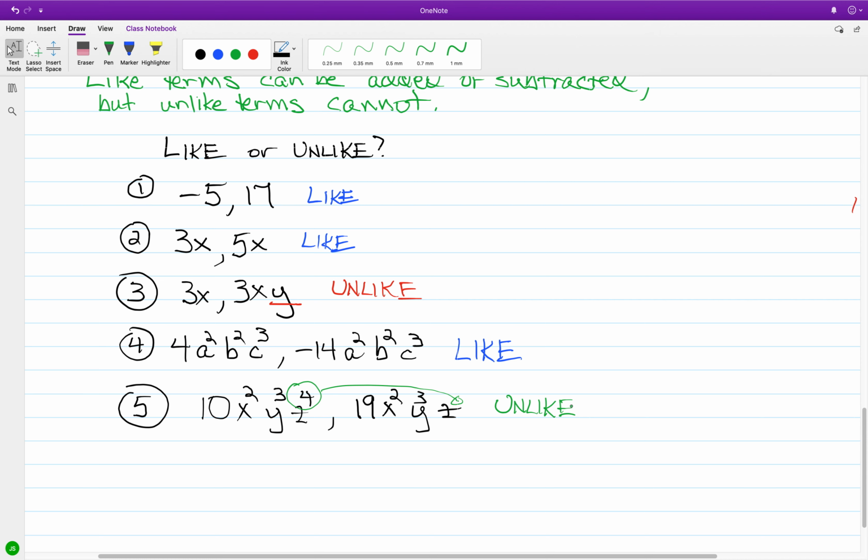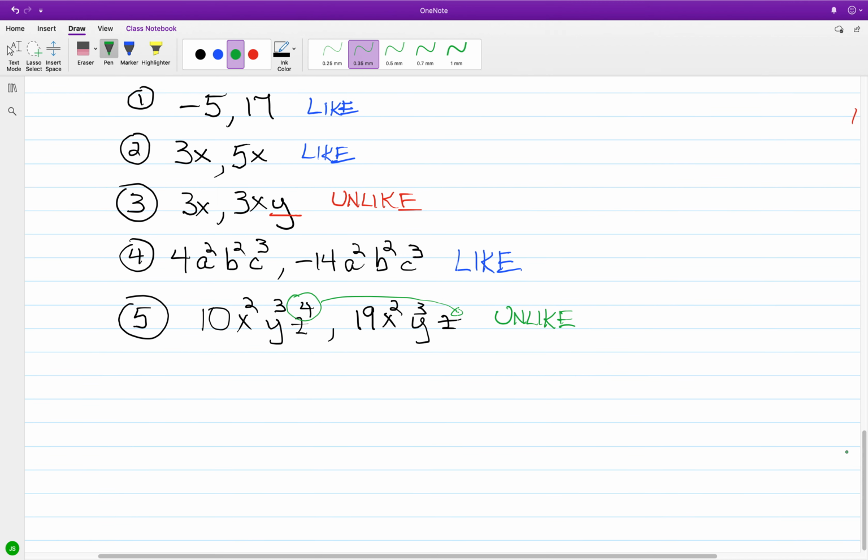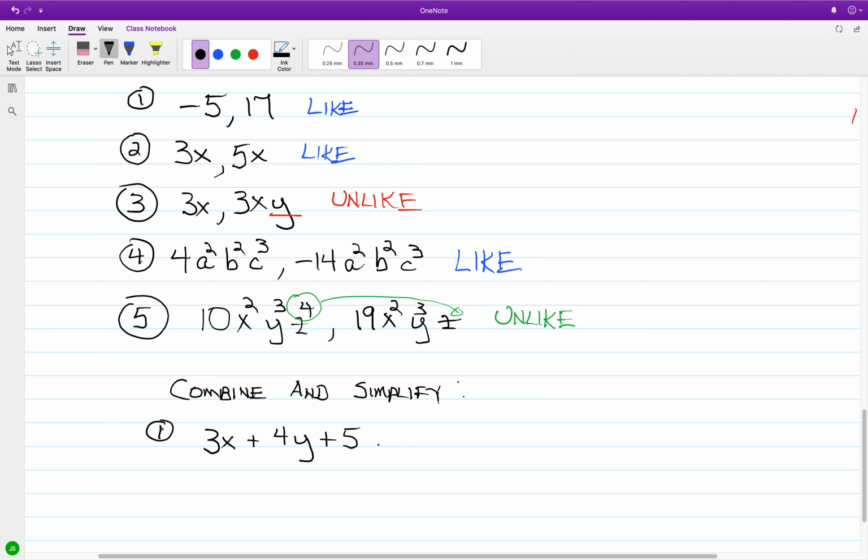Now, if we look at combining like terms, let's say just as an instance, say we have four terms in the mix. So we have 3x plus 4y plus 5y minus 7x.